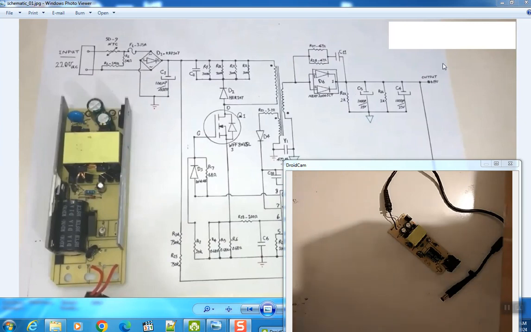For example, this transformer, which looks like this one, the power MOSFET here, which is similar to this power MOSFET, and switching mode power rectifiers.